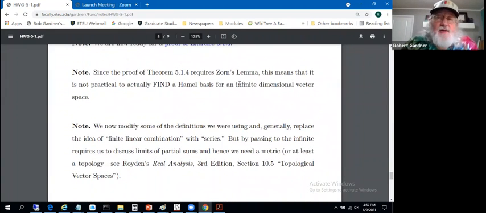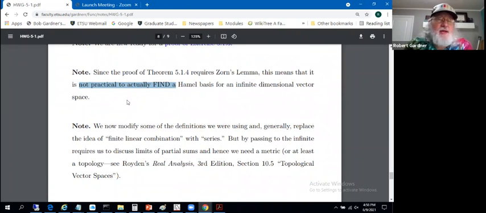We use Zorn's lemma to establish the existence of a Hamel basis. We got some nice behaviors out of them with this same cardinality thing. But the fact that we had to resort to using Zorn's lemma tells you that Hamel bases exist, but it does not tell you how to find them.